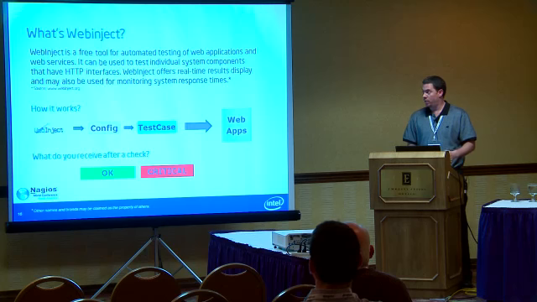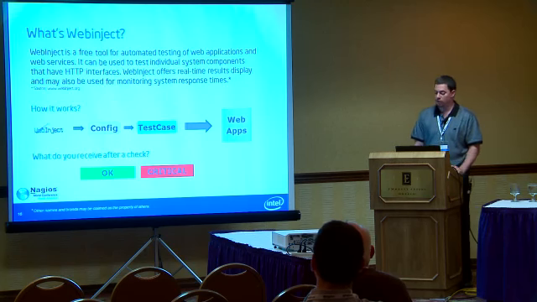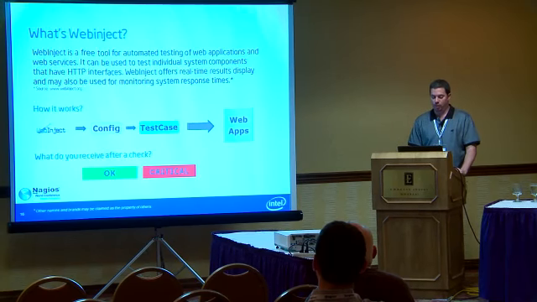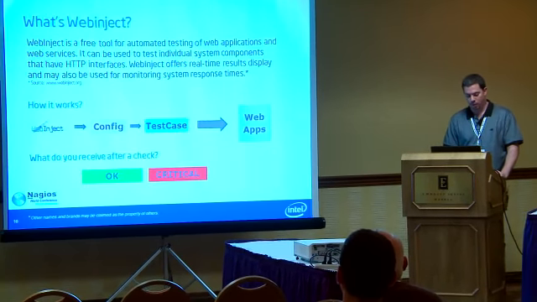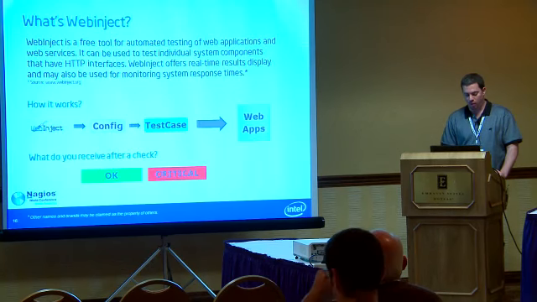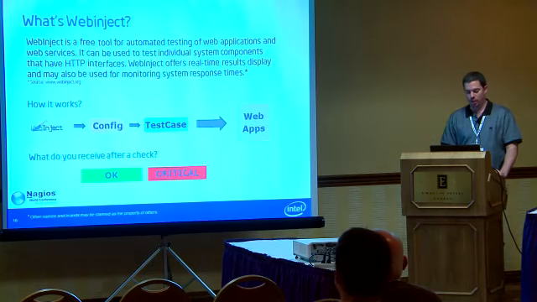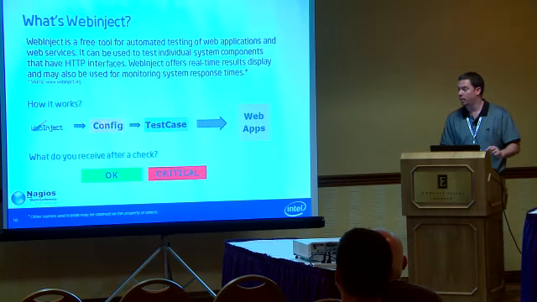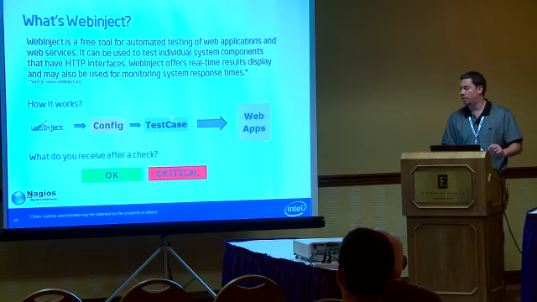We use WebInject. It is a free tool for automated testing of web applications and web services. How does it work? You have the WebInject engine that has a config file that calls a test case file and does some kind of logic for the web application's response.